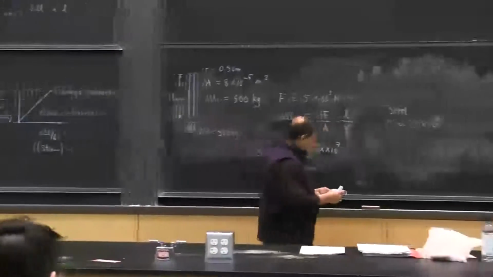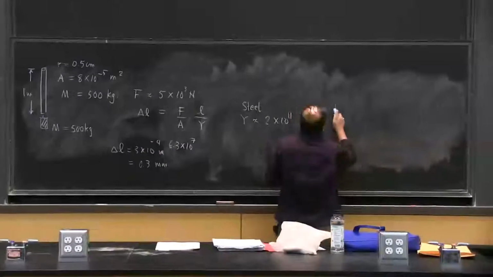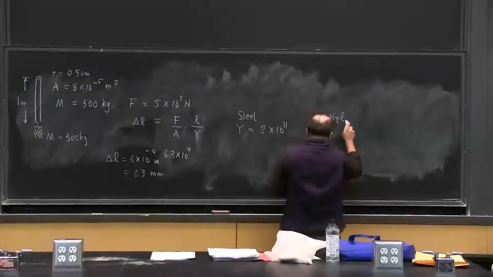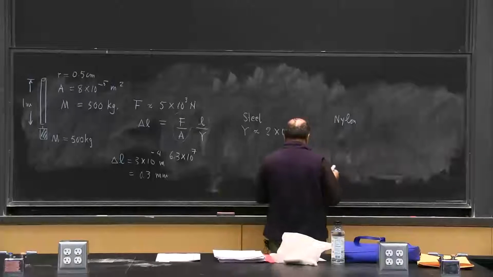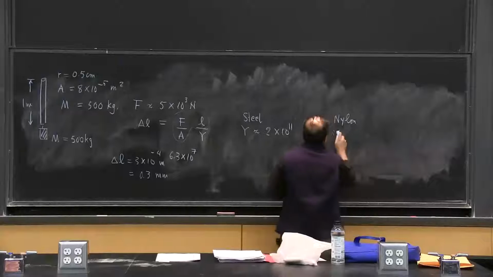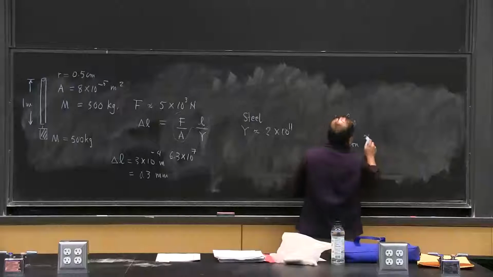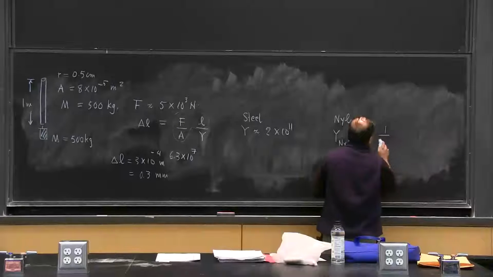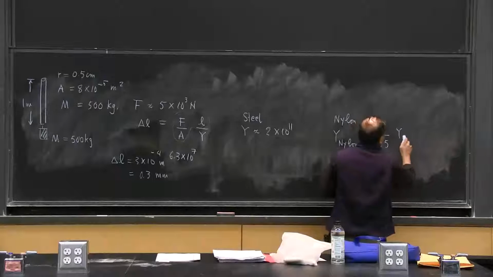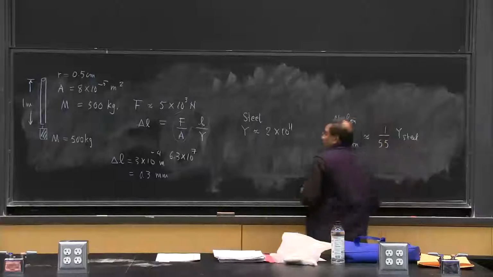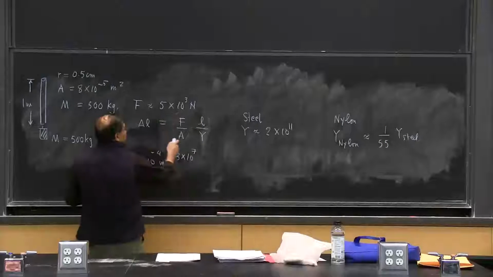Correspondingly, if I took a nylon wire, it turns out that Y nylon is roughly 1 over 55 of Y steel.